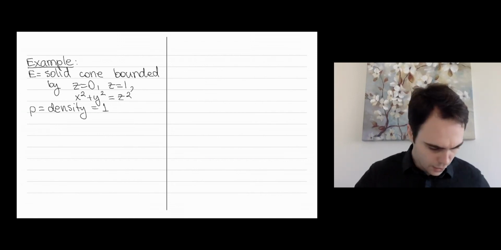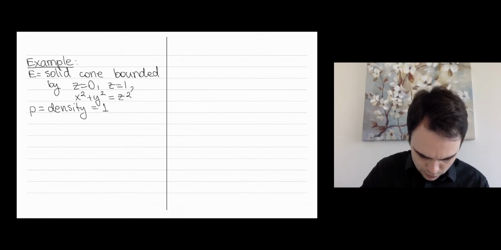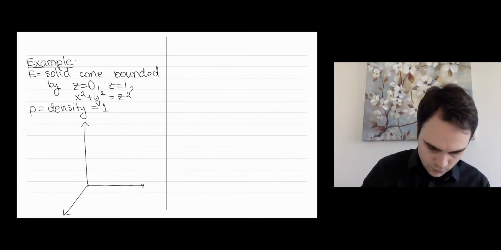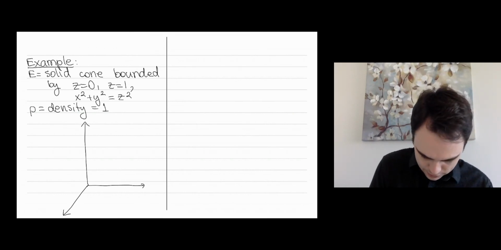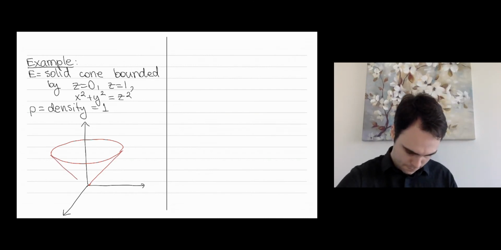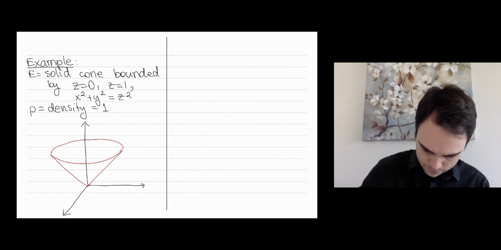Okay, let me draw this cone so that we're sure that we understand it. So the cone is going to look like this. Here's x, here's y, here's z.